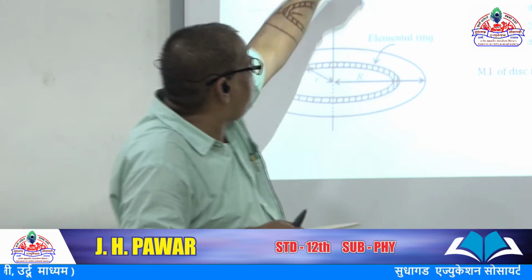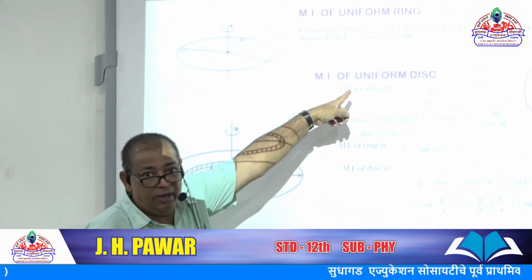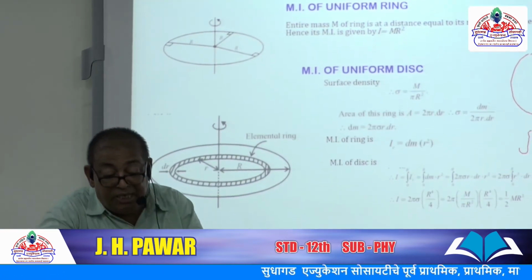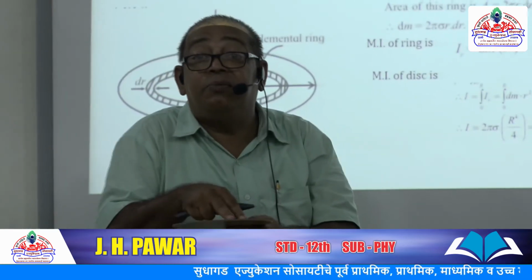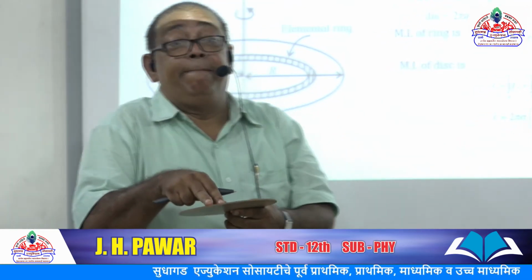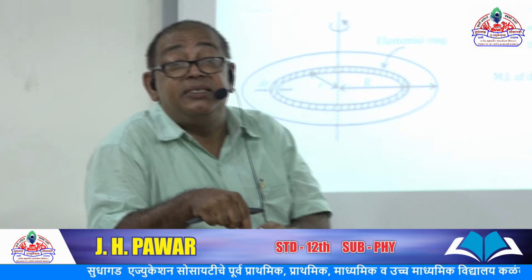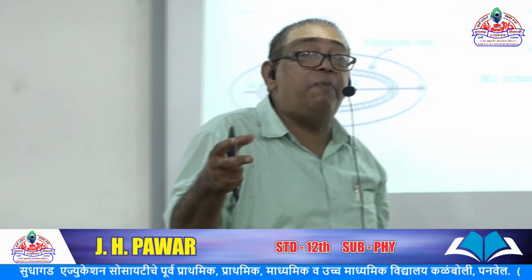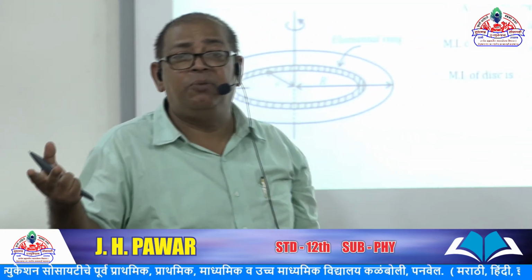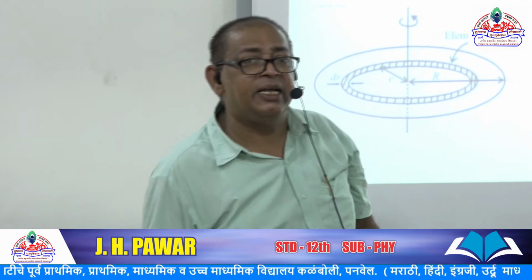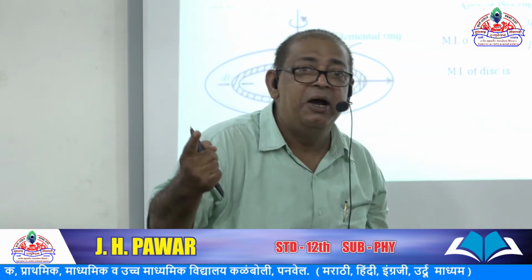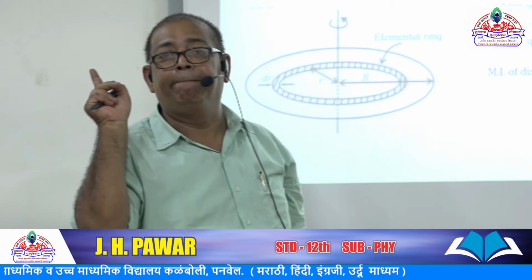When we consider a uniform disk, the surface density of the disk is constant. Then the question arises, what is the surface density? Surface density is nothing but mass upon area.